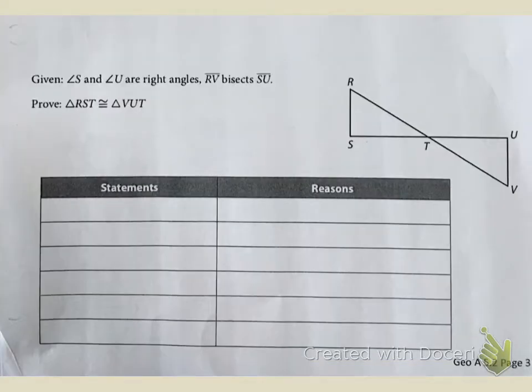Okay, so I'm going to help you a little bit on this one. I'm going to help you get started, and then I'm going to ask you to give an effort to finish this. And when you've finished it, I want you to go to Google Classroom to the assignment that you'll see. On that, you're just going to take a quick snapshot of this and upload your response.